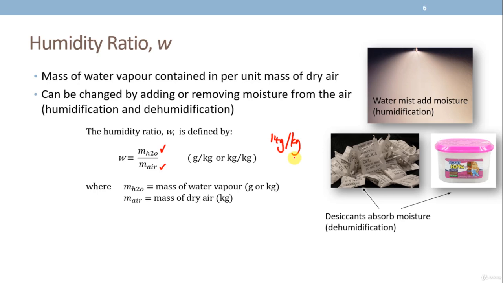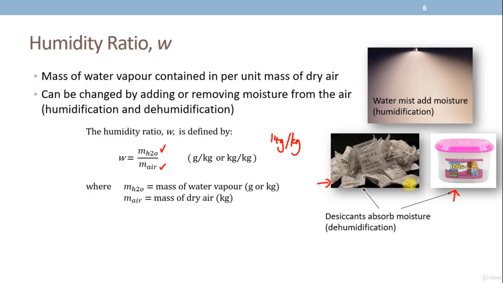If you look over here, there's this thing called a desiccant. So what does the desiccant do? And usually where do you find these packets of desiccant? You will usually see them in packaging, for example, new shoes, new bags, or your dried foods. These are the places you may find this silica gel or desiccant.